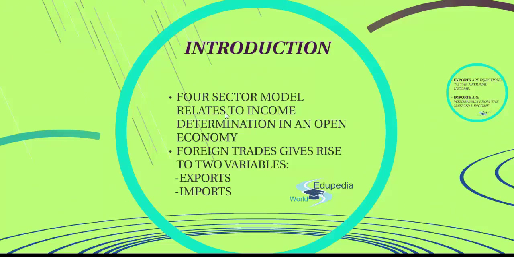So the four-sector model relates to income determination in an open economy, that is an economy where foreign trades are happening. If there are foreign trades in an economy, it will give rise to two variables, that is exports and imports.